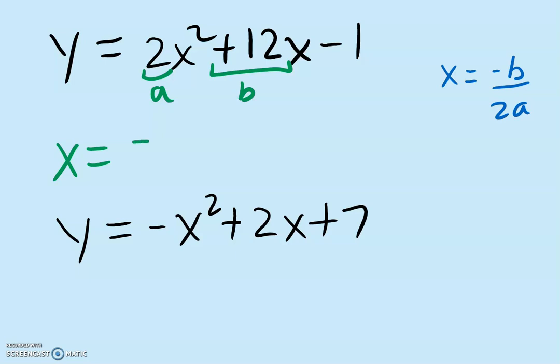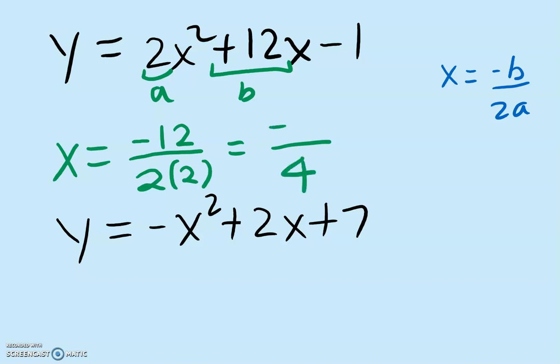So positive 12 turns into negative 12. On the bottom, 2a means 2 times the value of a. A is 2. So 2 multiplied with 2 is going to be 4. On the top we have a negative 12. Negative 12 divided by 4 is equal to negative 3.